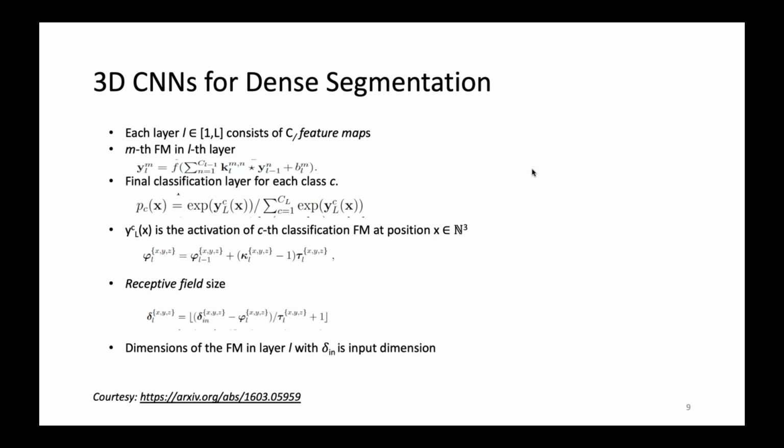We have to do the segmentation, so we have to figure out for each voxel which class it belongs to. So you're doing this for each voxel, not just the entire image.